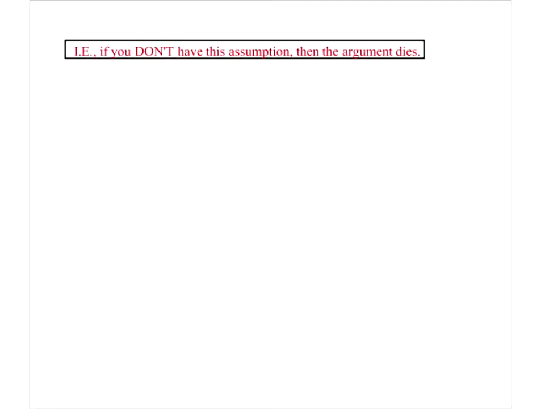So here's the statement that we figured out about assumptions before. Remember, if you don't have the assumption, then the argument dies, for any valid assumption. What can we do with this? Well, we can actually use this as a criterion for evaluating assumptions.